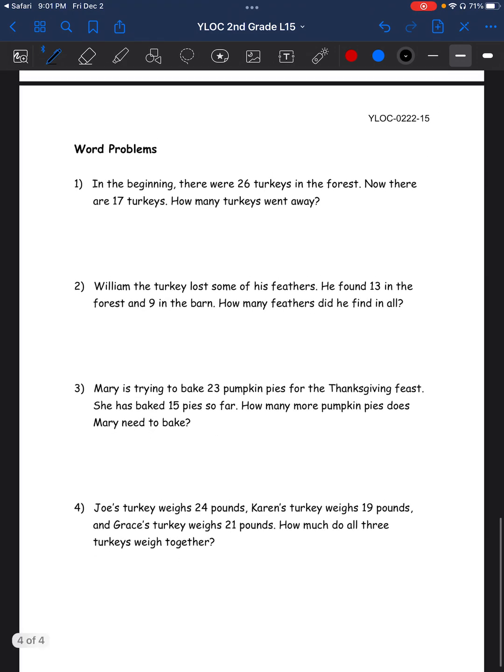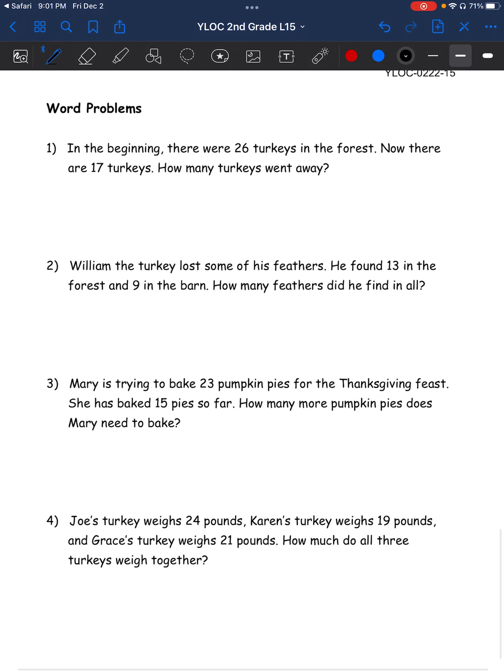So number 1, in the beginning there were 26 turkeys in the forest. Now there are 17 turkeys. How many turkeys went away? So we started with 26, right? And then a certain amount of these went away. And then 17 remain.